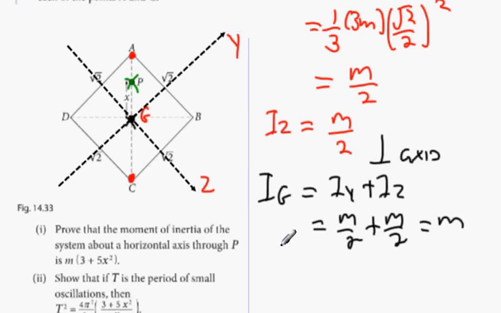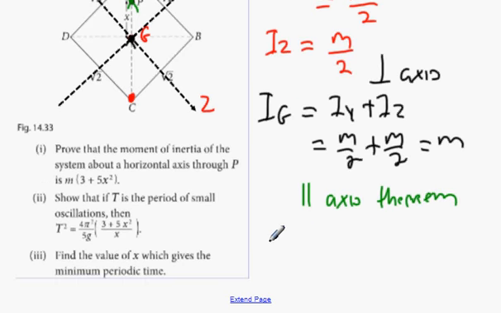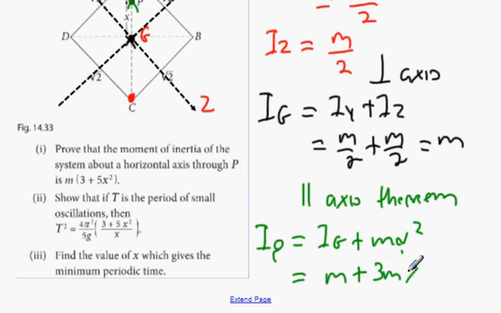Now we're on to the parallel axis theorem. I P equals I G, which is m, plus md squared. Remember this m is 3m and d is x. So it's going to be m plus 3mx squared.